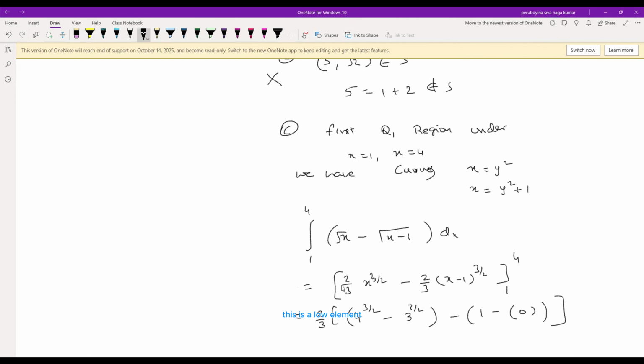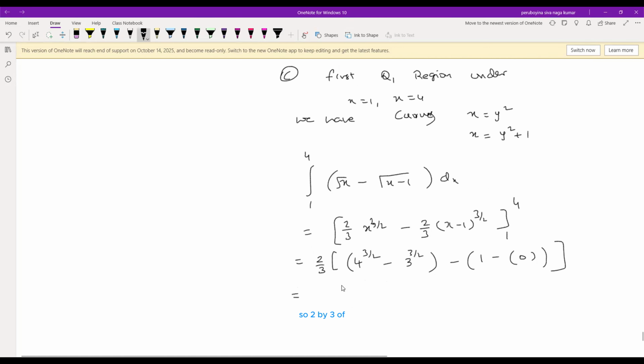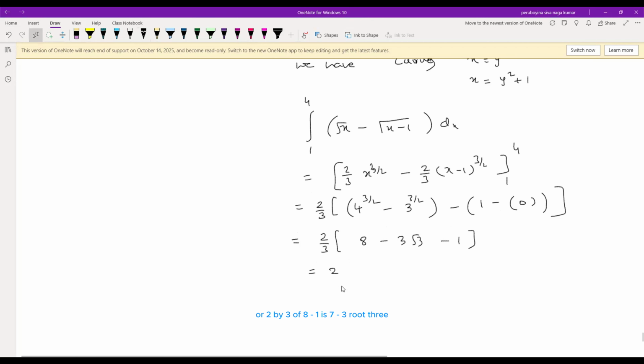So 2 by 3 of 4 power 3 by 2, which means 2 cube is 8, minus 3 root 3, minus 1. Multiplying the values, 2 by 3 of 8 minus 1 is 7, minus 3 root 3. Multiply: 14 by 3, and 3 got cancelled in the other term, 2 root 3. So 14 by 3 minus 2 root 3 is the correct answer.